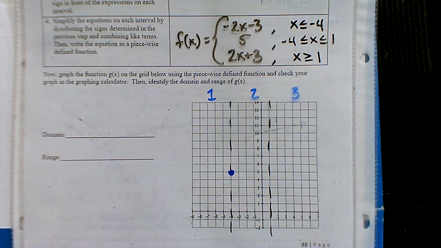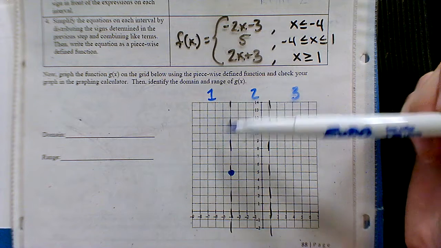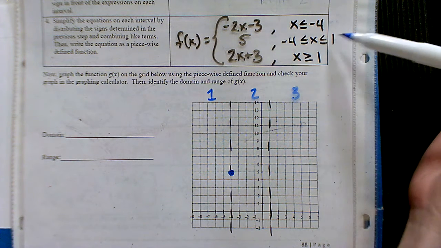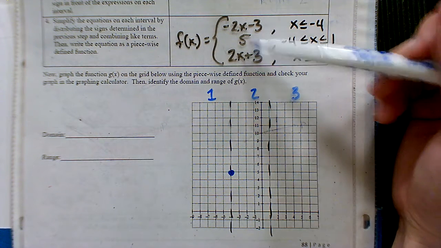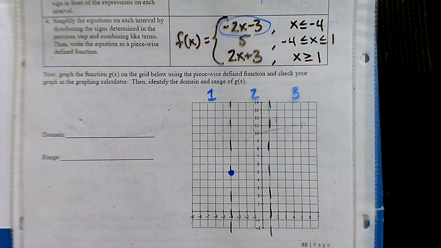So that's the only point value we get based off of the domain or constraint section, but we need some type of other point on there to help us guide the line. What else can we use to help us find another point? Yeah? 1? Okay, well, we'll get to 1 in a second when we deal with those. But we're still trying to graph this one. What do you want to do?